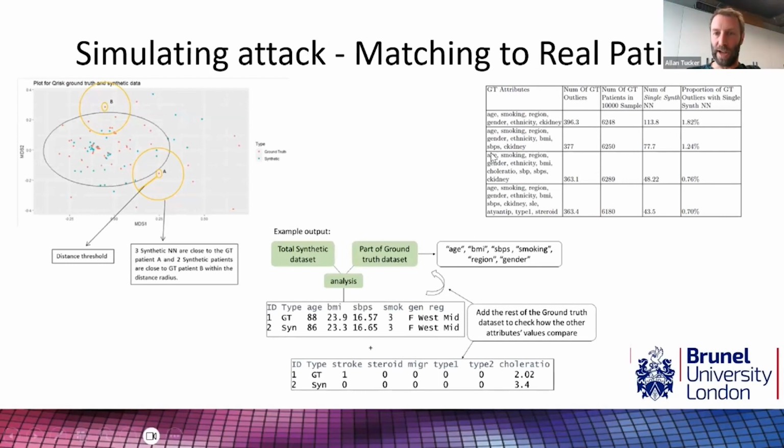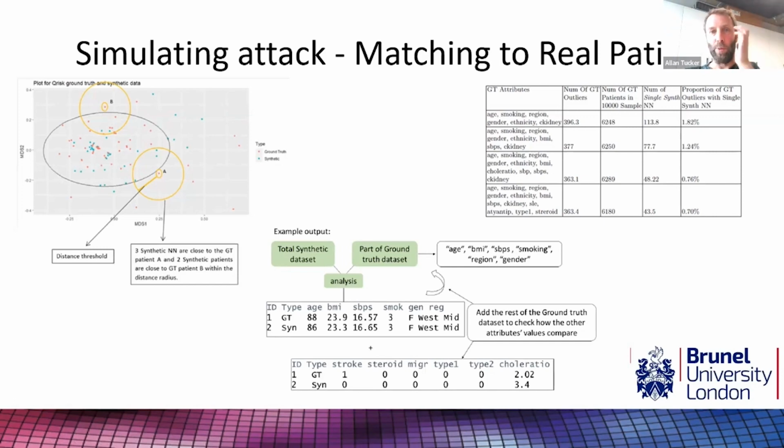They may know a certain amount of attributes, maybe age, smoking status, region, gender, ethnicity, things like this. Using that information, we wanted to know, could they infer something new? For example, can they link that ground truth information to one synthetic data point or a small number of synthetic data points, so that they could then infer something potentially private about that individual?